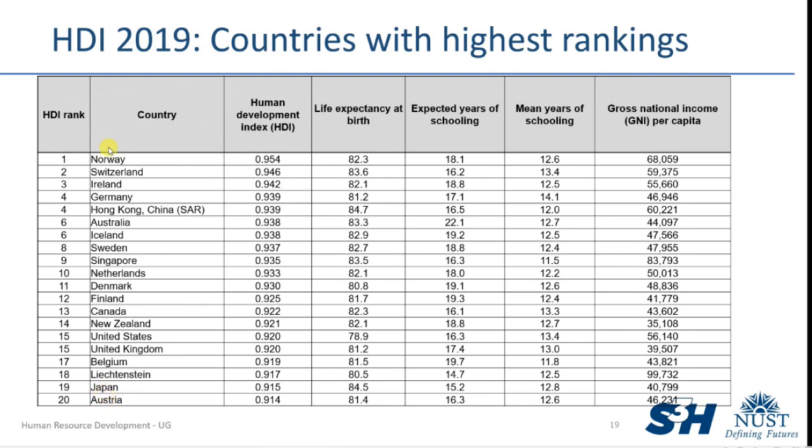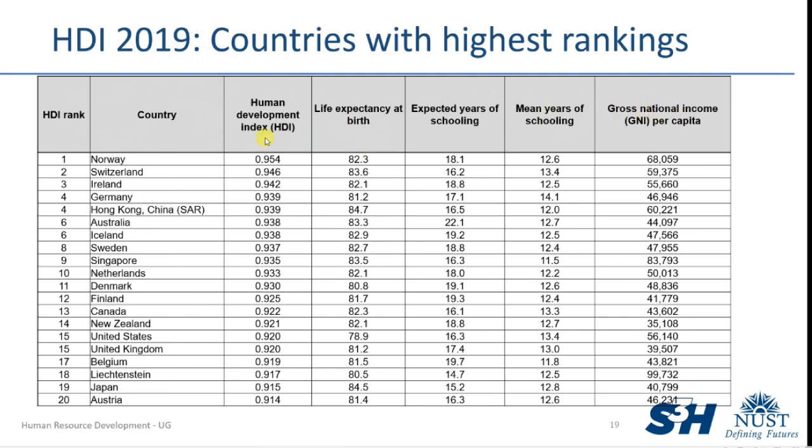Most of these are European countries. Some countries in the middle like Australia, Hong Kong, Singapore are outside Europe. But these European countries have been in the top 20 for a long time now. Some of them changed positions, but they remain around the high ranks in HDI.